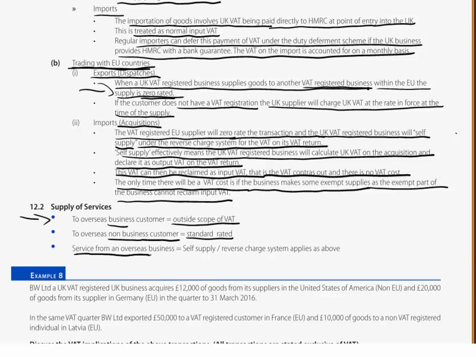If we're buying in a service from an overseas business, then this self-supply reverse charge system, as we explained up here, now also applies. So on the invoice to us from the overseas business, there is no VAT, but we have to account for that output VAT on that purchase and then record it as input VAT, which we'll be able to record and recover so long as we make taxable supplies.